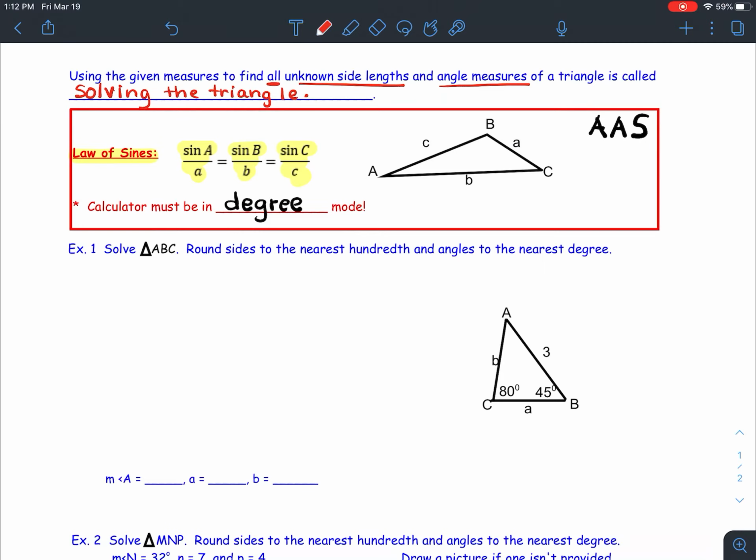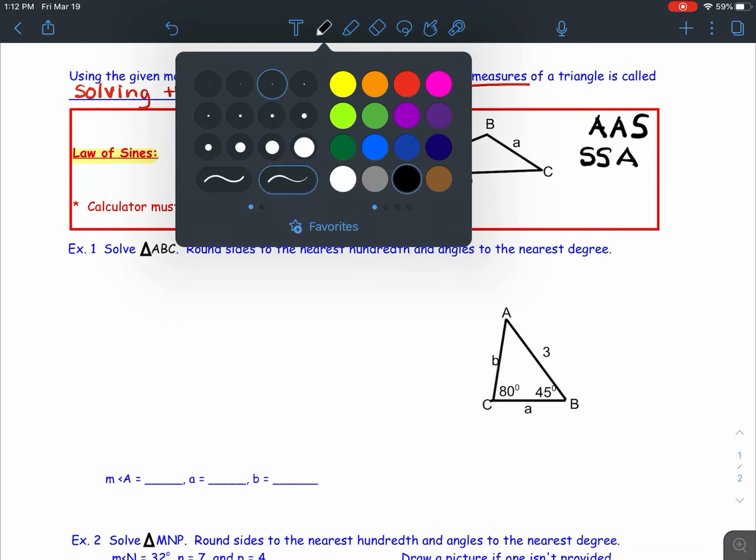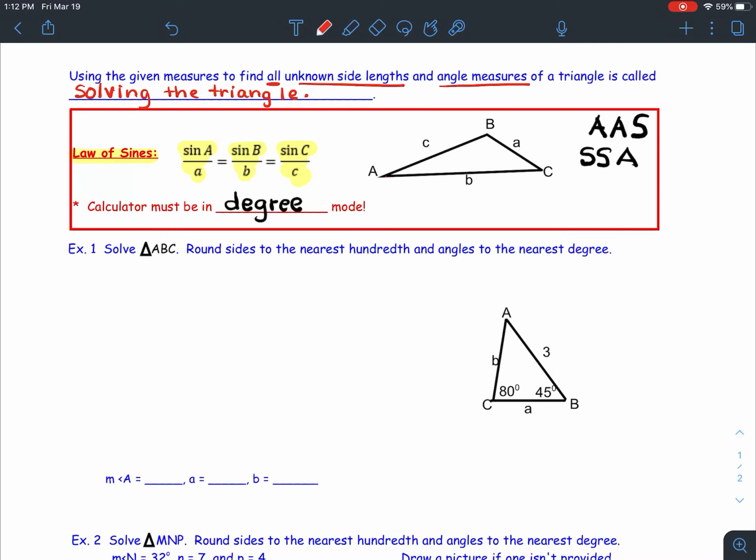It's also beneficial to use the law of sines if you're given two sides and an angle that's not in between those two sides. For example, let's say you're given the length of side C, the length of side A, and an angle that's not the angle in between those. You're going to see that with these examples here today.